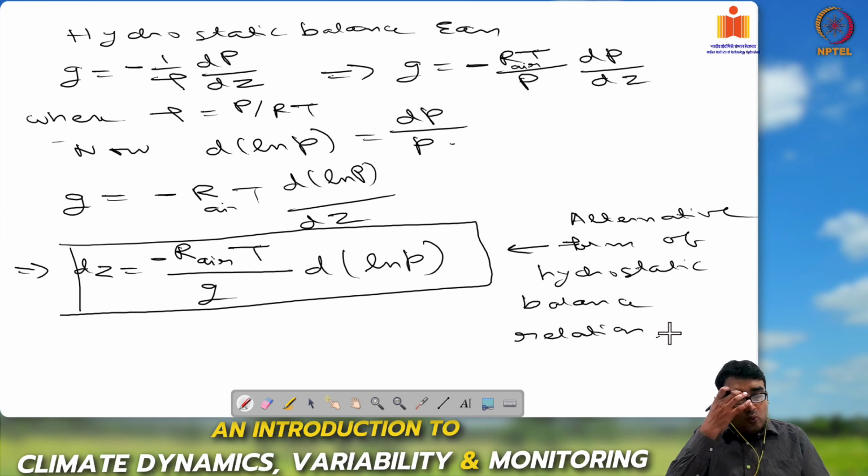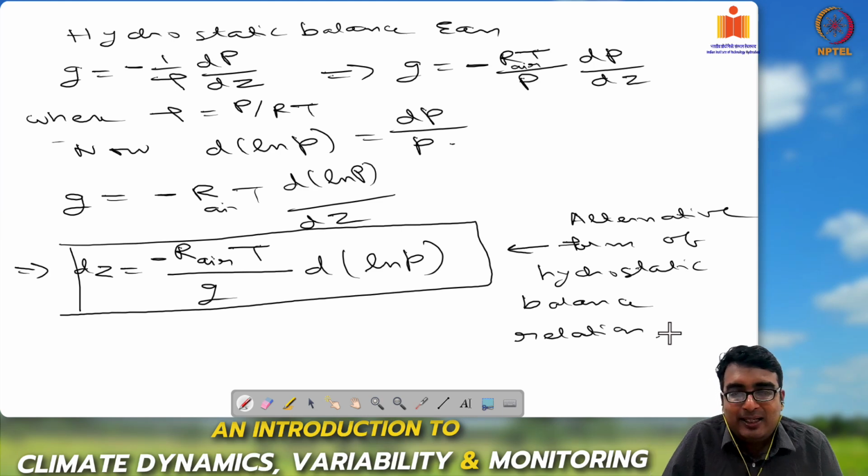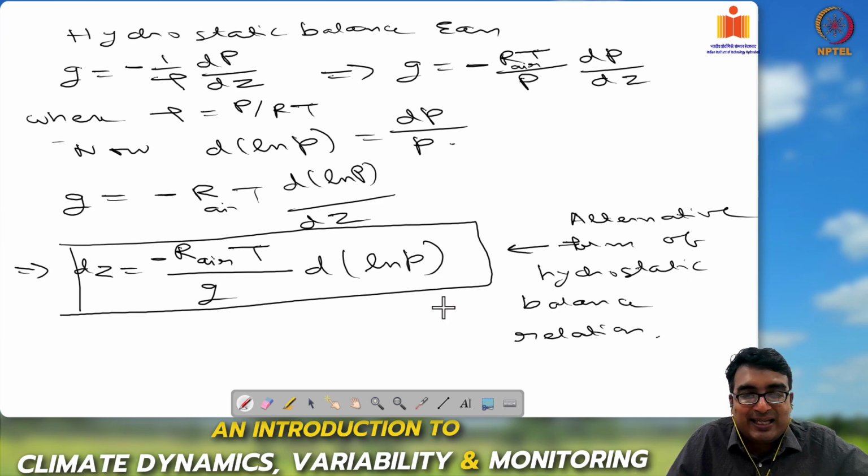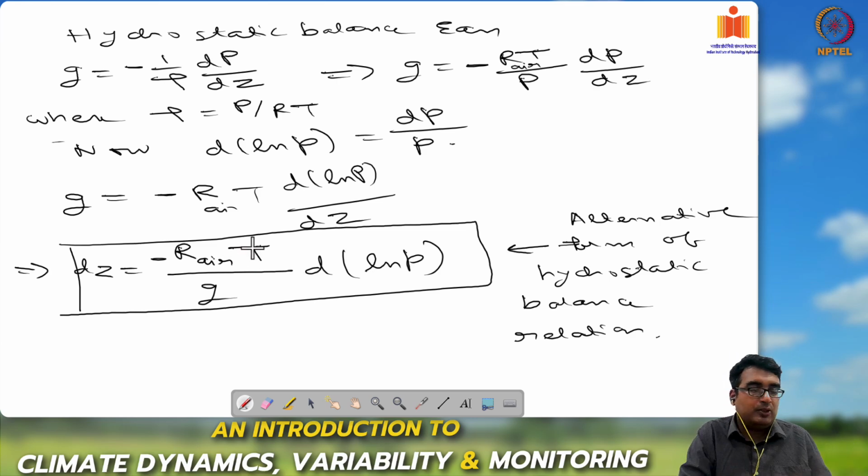So what are we trying to do with this? The idea here is that it is not necessarily the case that temperature is constant. In the previous case, remember, H is the scale height.